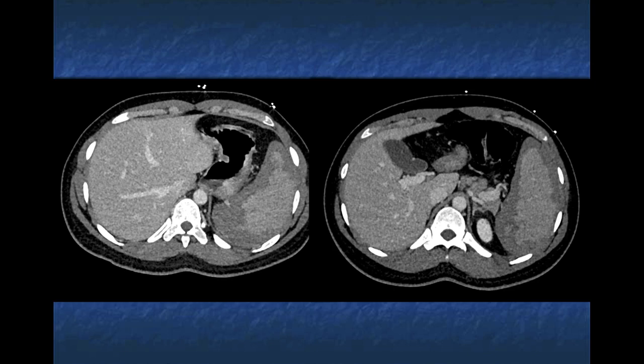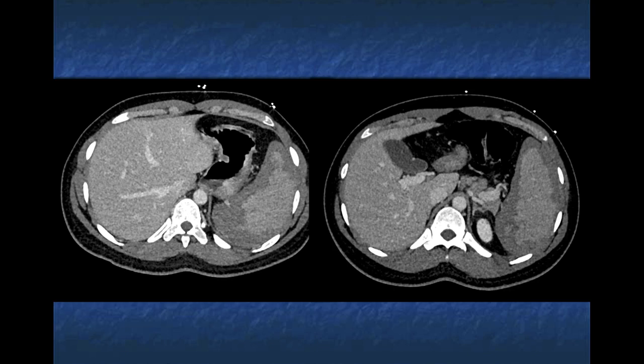The spleen is large, but there are hypodense zones around the edge of the spleen, and it has a weird appearance. When you think about lesions of the spleen, you think about infection like abscesses, but those are small or large lesions, single or multiple within the spleen. You think about infarcts, those are peripheral wedge-shaped.